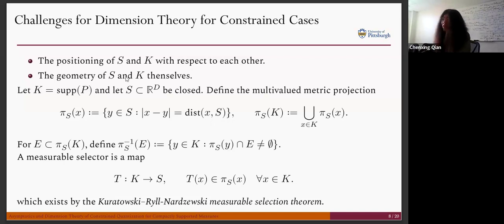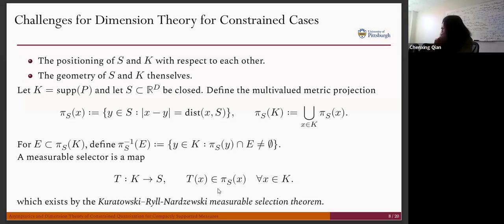Here the metric projection is a multi-valued function, but it has a good property: there exists a single valued measurable function T from K to S, such that we can treat the metric projection as a single valued function.